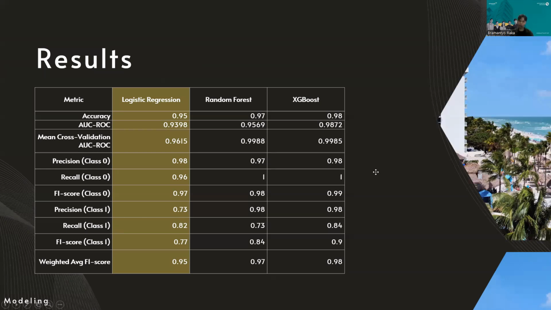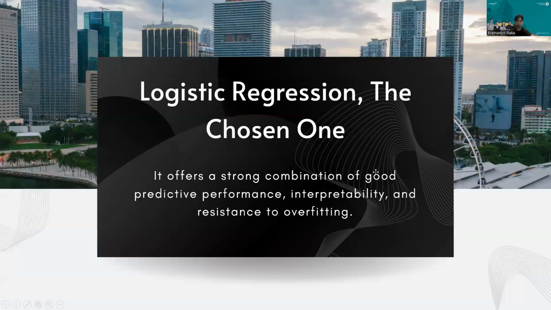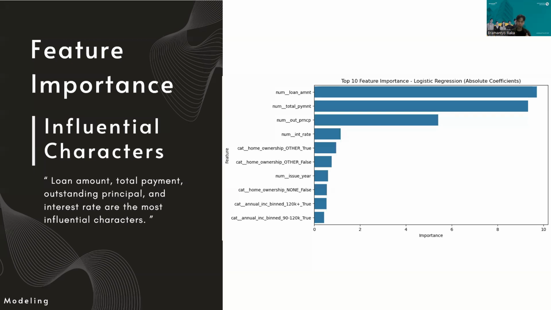Now, to that, I'd say logistic regression is the chosen one because it offers a strong combination of good predictive performance, interpretability, and also resistance to overfitting, which are the issues shown in both XGBoost and random forest. Now, feature importance is like influential characters. Some influential characters worth noting are loan amount, total payment, outstanding principal, and interest rate.